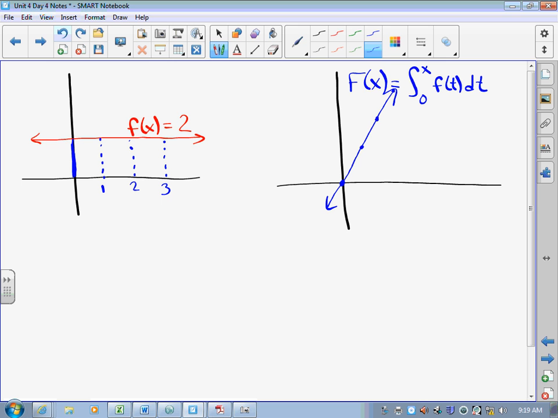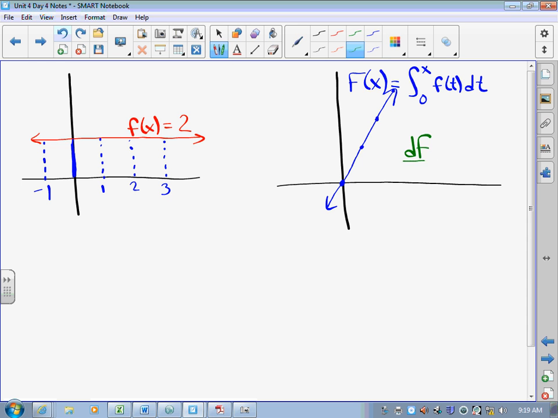This almost makes sense. How could that line go into the third quadrant? Well, if we were to go to -1, the integral from 0 to -1, because we're reading right to left, takes the area that's positive and turns it around negative. So here's the question.